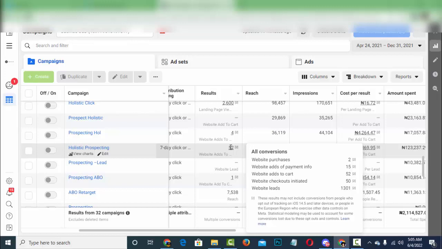Now, I'm not trying to say this to shade anyone, but I'm trying to make you understand that it takes money, it takes time, it takes you understanding your numbers to truly scale your business, to truly know how to fix things in your business. Like, when you launch an ad, you ought not to be bothering with it at least for 2 days, for at least 48 hours, so you know what's going on, right?